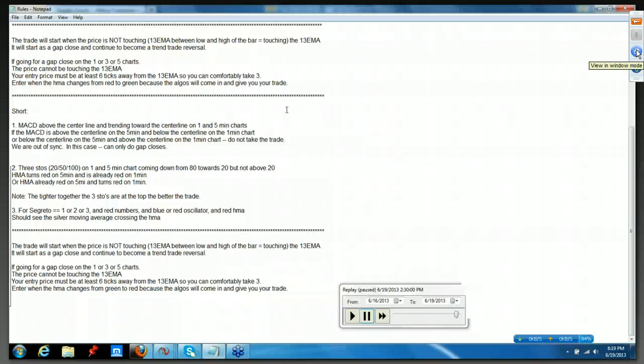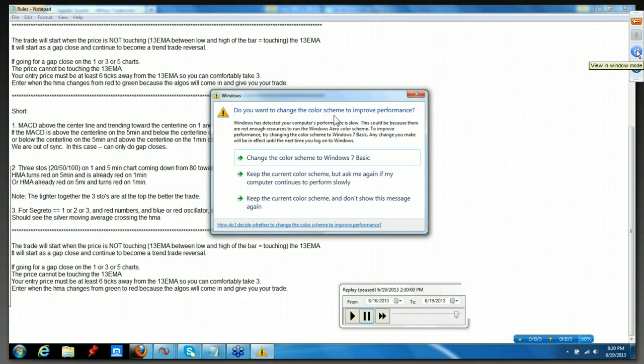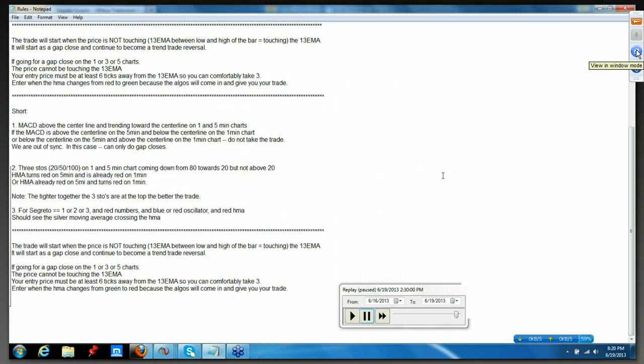Okay, so now let's go back for a second. Can everybody see? Has everybody had an opportunity to get what they need from this window that's up right now from the rules?